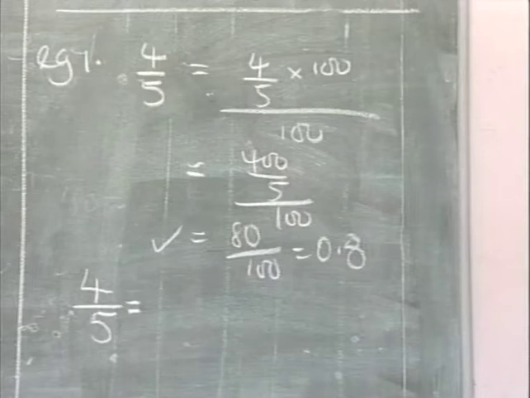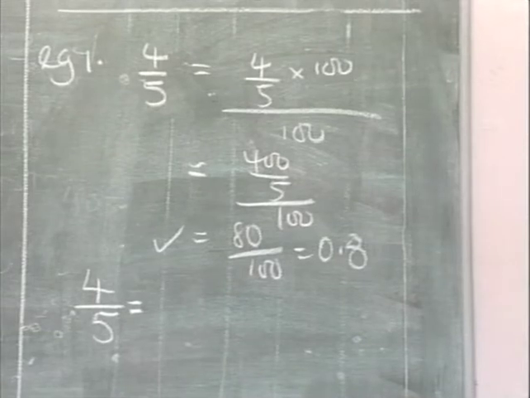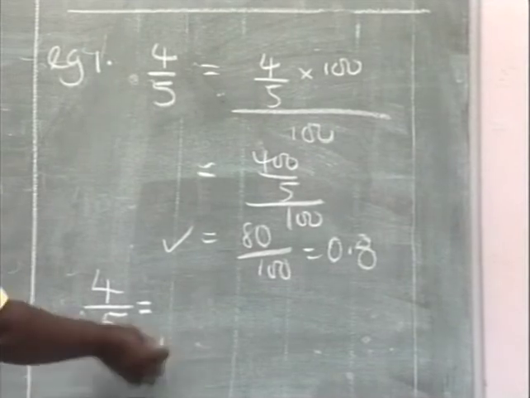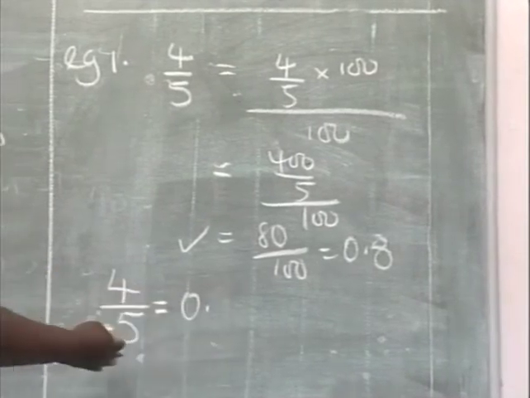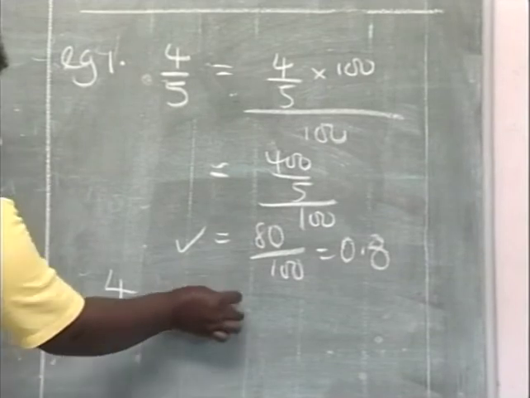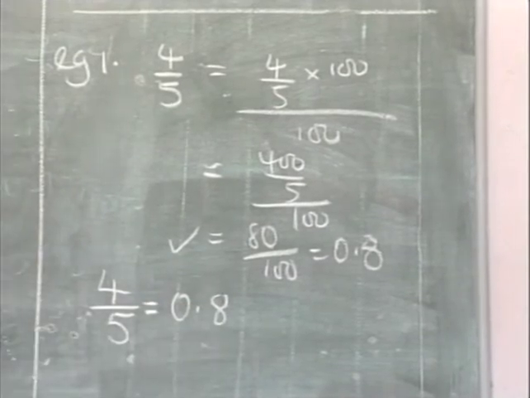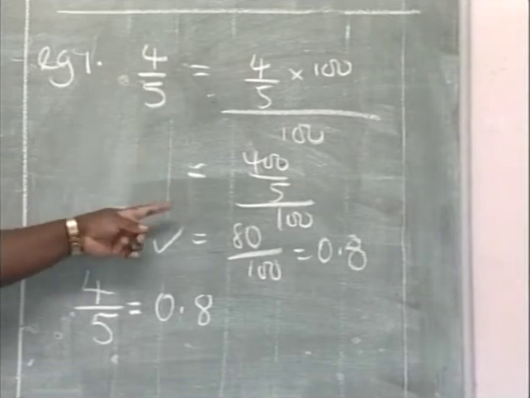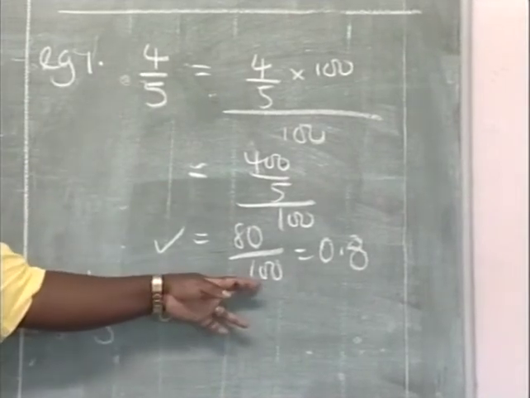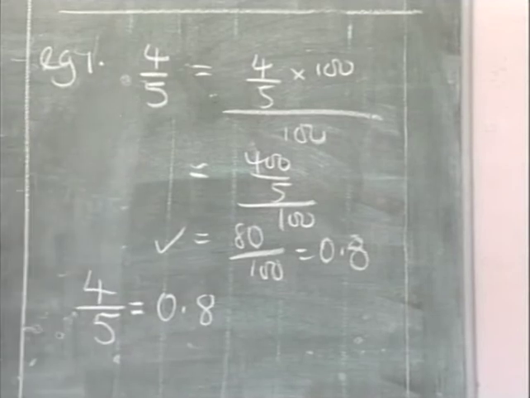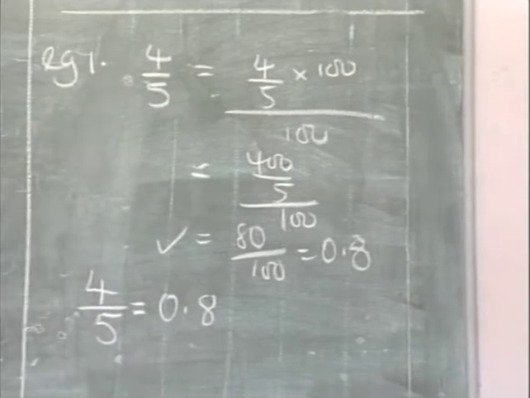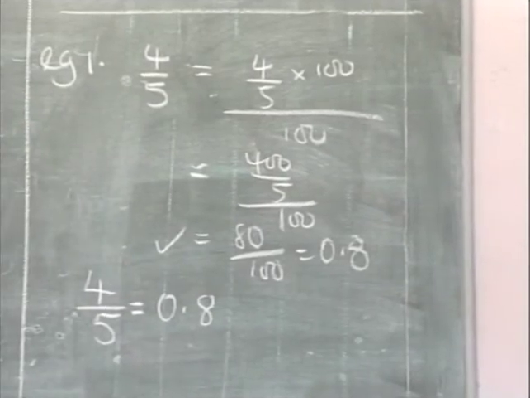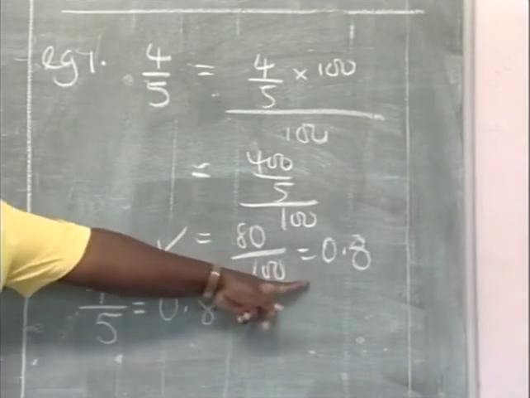Using long division, it's still okay. 4 divided by 5 cannot go. So 40 divided by 5 will be 8. Okay, the good thing about this method is that you will have whole numbers, and then when you divide by 100, you just move the decimal point 2 places to the left. So in a way, you will be dealing with whole numbers until the end.